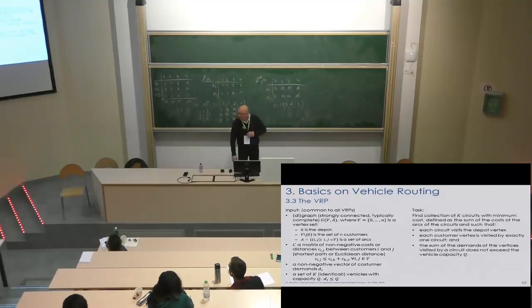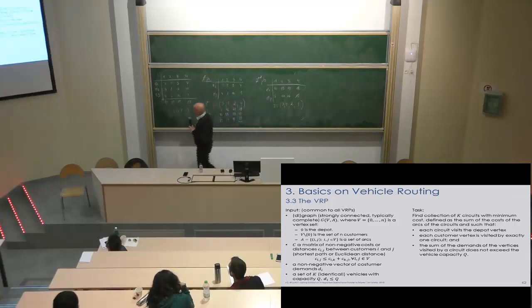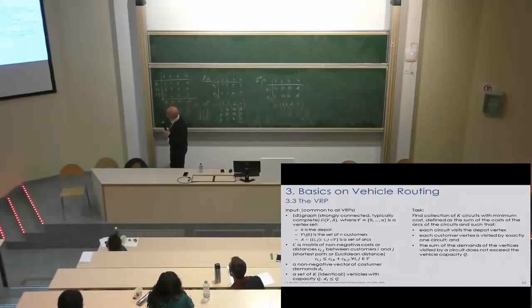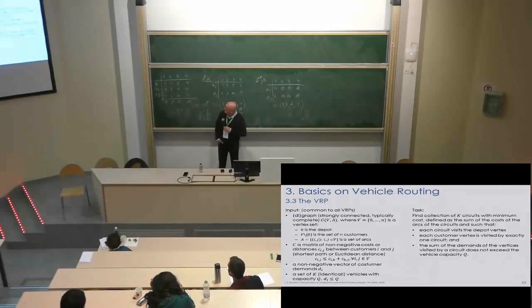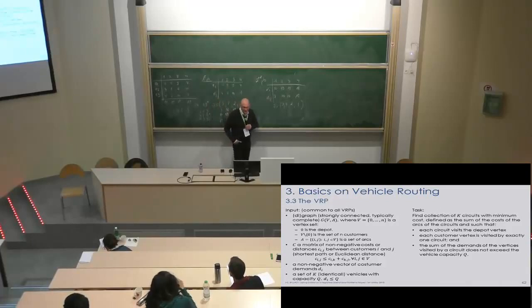The problem is to find a collection of circuits with minimum cost, defined as the sum of the costs of the arcs of the circuits, such that each circuit visits the depot vertex, each customer vertex is visited by exactly one circuit, and the sum of the demands of the vertices does not exceed the vehicle capacity.